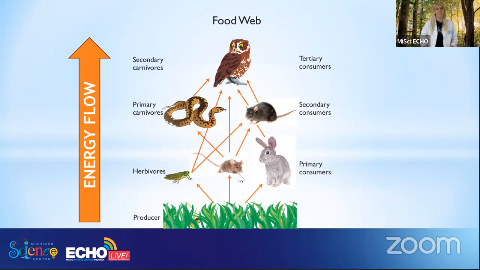So the grass doesn't eat the mice and the mice doesn't eat the owl, but it's the opposite. The arrows in a food web represent the flow of energy, which starts from the sun and the grass and moves its way up the food web or the food chain to the top, which we would call the apex predator or the tertiary consumers.